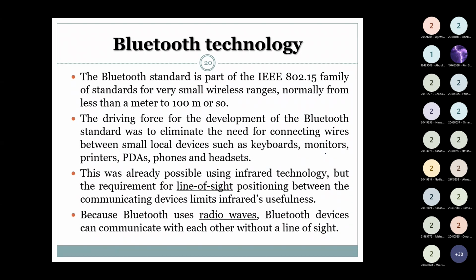This is the example of cafes, libraries, and airports, places where you have a wired network, and from this wired network we can create wireless communication networks using an access point. Is it clear? So this is all about the Wi-Fi.